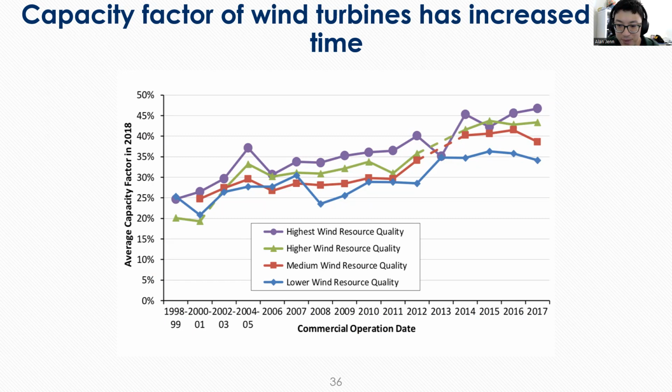Back in the early 2000s, you're talking about capacity factors of like 20 to 25%, which is quite low for today's standards, right? So now we're talking about capacity factors of 35 to 50%. Yeah, which means that you're generating basically double the amount of electricity from 20 years ago.